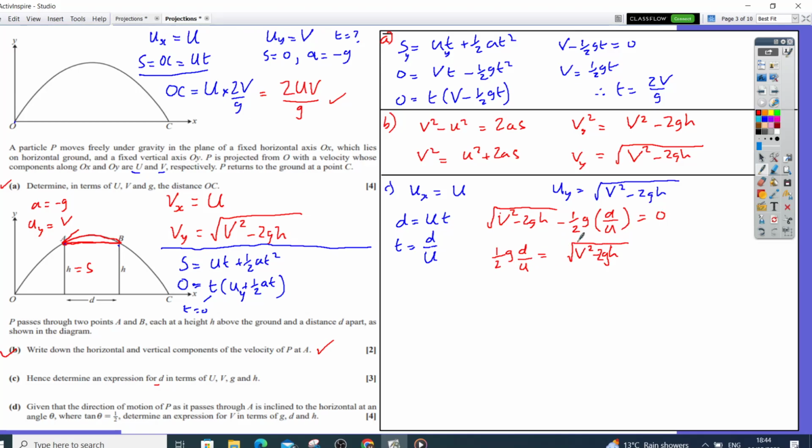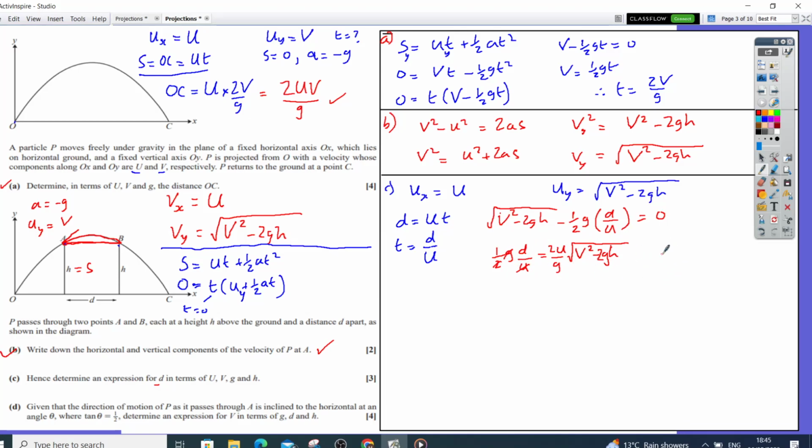Now if I times that up by u, the u is going to go up, the 2 is going to go up, and the g is going down, you've got d the subject.